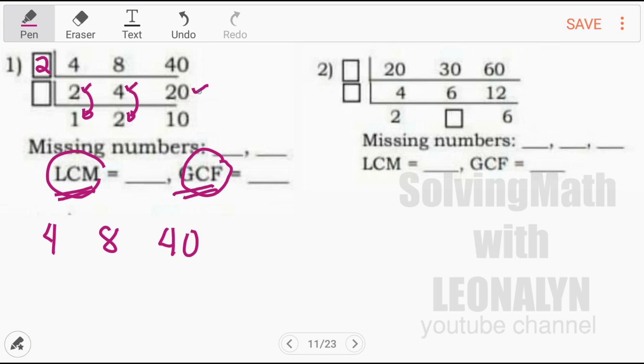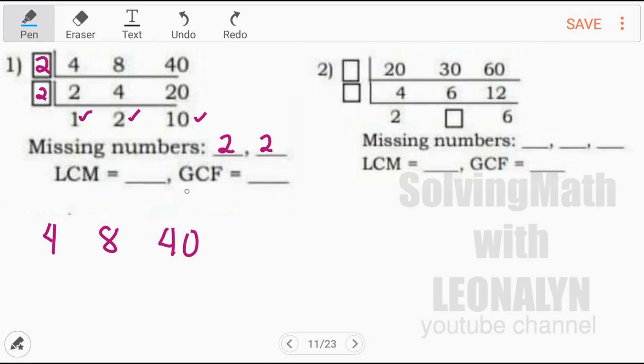Paano naging 2? And how come the next one is 10? That is, we are dividing them by 2. 2 divided by 2, that is 1. 4 divided by 2, and that is 2. 20 divided by 2, and that is 10. So, the missing numbers are 2.